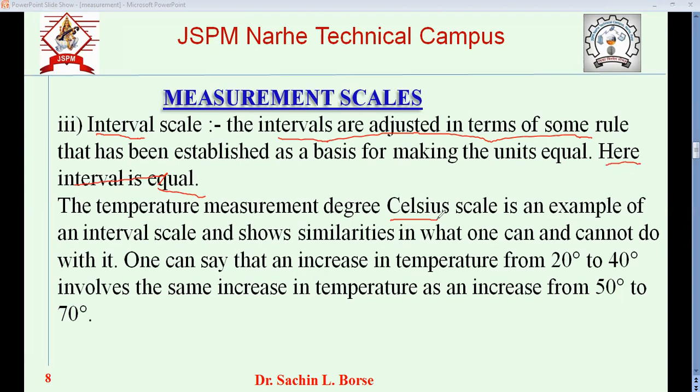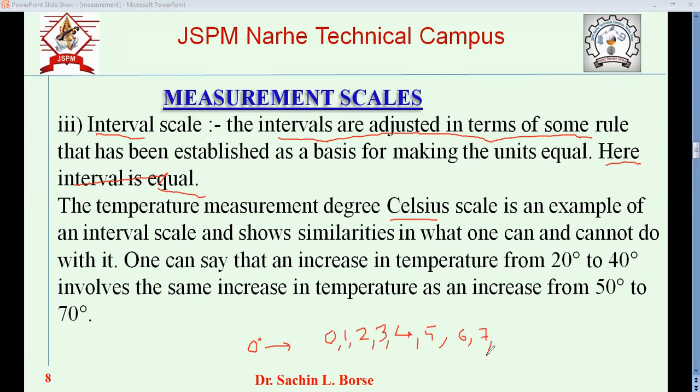The Celsius scale starts with 0 degree Celsius and then goes on: 0, 1, 2, 3, 4, 5, 6, 7, and so on.